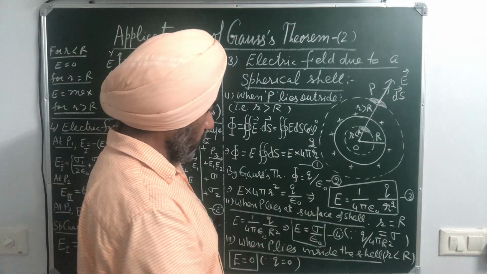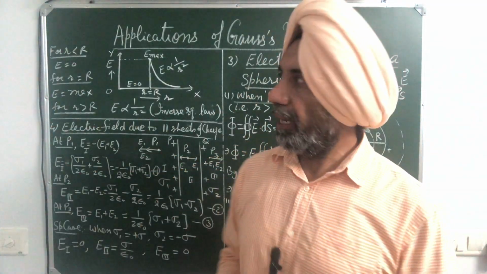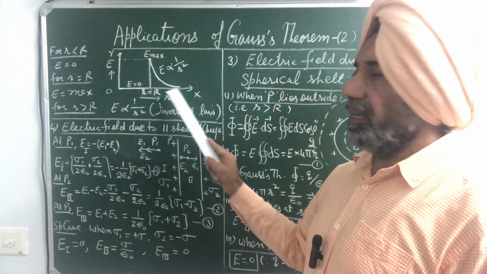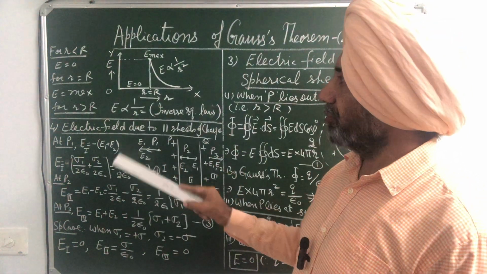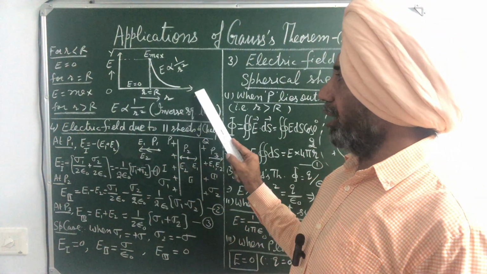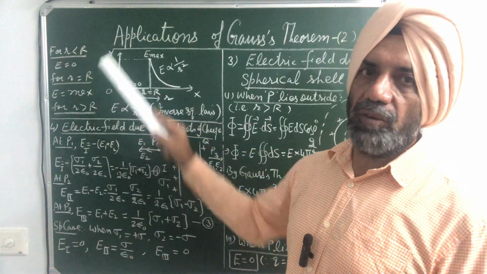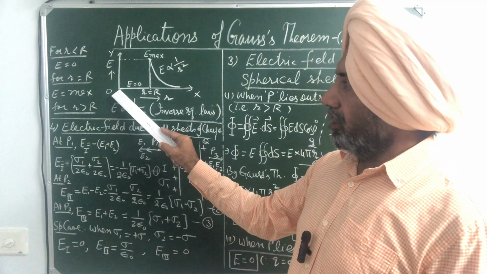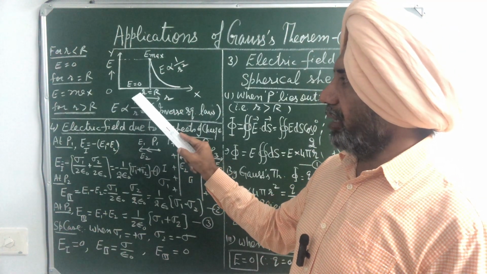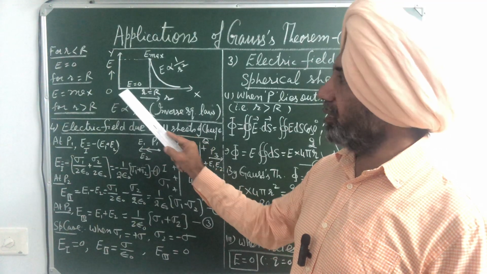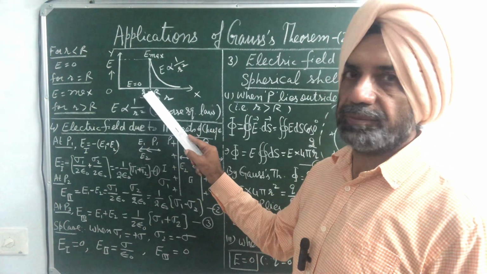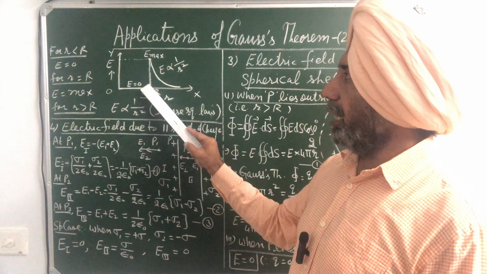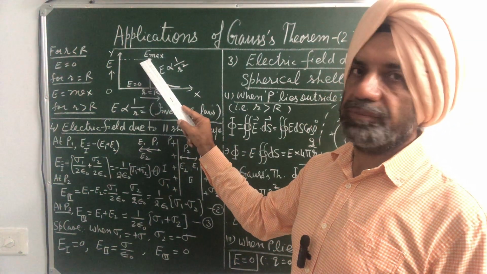So we can plot a graph for the electric field of a charged spherical shell. Taking r along the x-axis and electric field along the y-axis: inside the shell, when small r is less than capital R, E is equal to 0. There is no electric field. When small r is equal to capital R, the electric field becomes maximum.